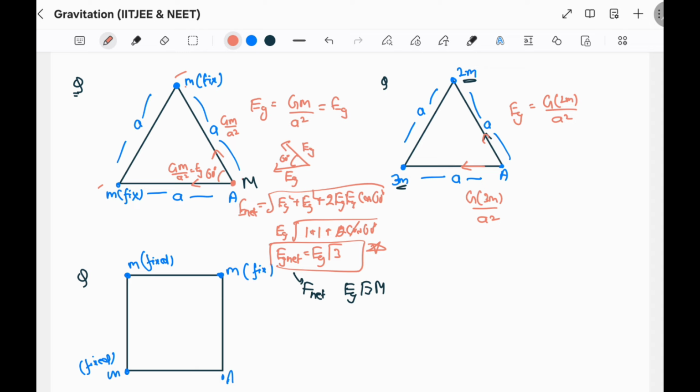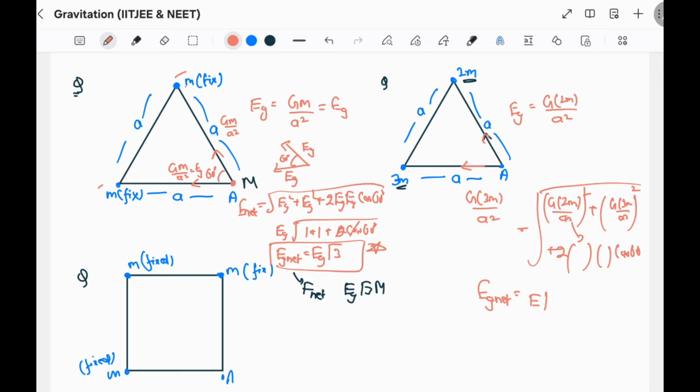Now they are at the same 60 degrees, so you will write G 2m by a square whole square plus G 3m by a square whole square plus 2, same thing, into cos of 60. If you take the root of this, it will be the net value, and Eg net will be, you can check your answer, it will be root 90, or you can say G small m by a square root 90. You can check your answer.